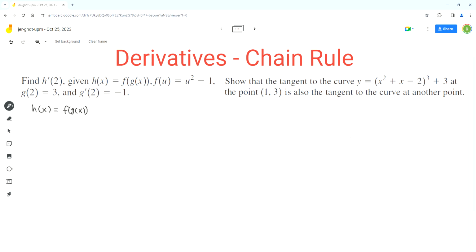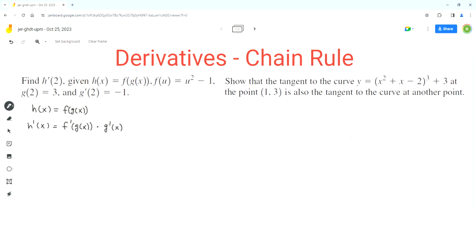Now in order to find the derivative, we'll use the chain rule, and as per the chain rule, we have to find the derivative of the outer function times the derivative of the inner function. So the derivative of h(x), so h'(x), will be equal to f'(g(x)) times g'(x), the inner function.